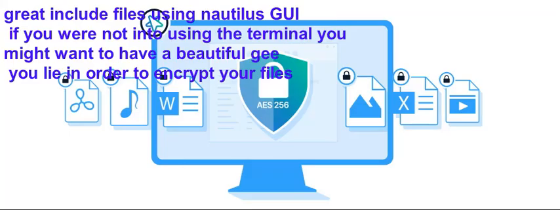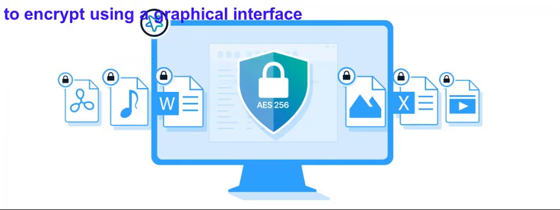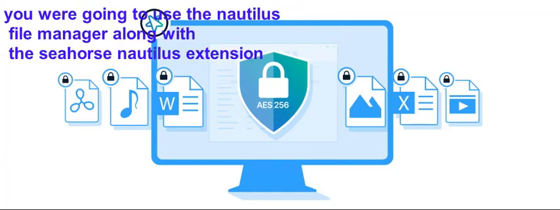Great. Encrypt files using Nautilus GUI. If you are not into using the terminal, you might want to have a beautiful GUI in order to encrypt your files. To encrypt using a graphical interface, you are going to use the Nautilus file manager along with the Seahorse Nautilus extension.